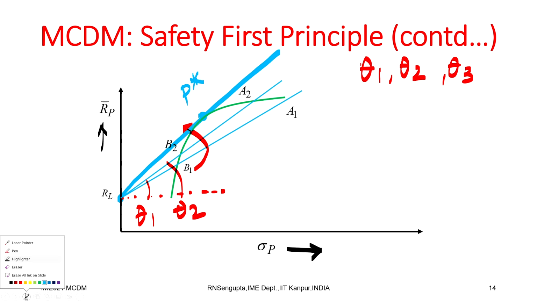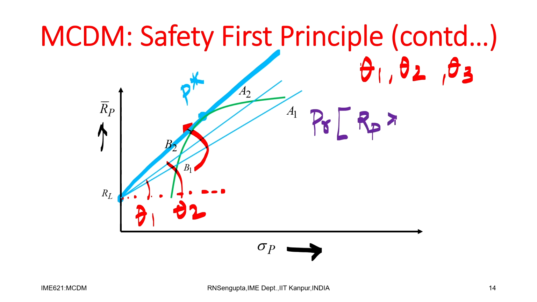Again I am writing the condition in violet color, which is the probability that RP is greater than or equal to RL, with some alpha value, which when converted becomes RP greater than or equal to RL plus some K sigma. K and Z are the same, depending on the standard normal deviate which you have.